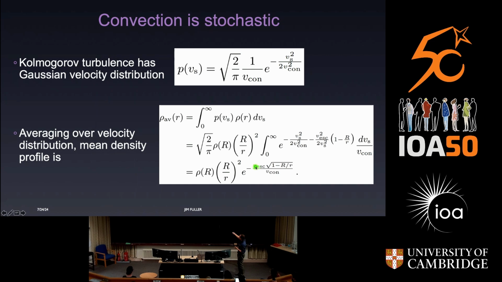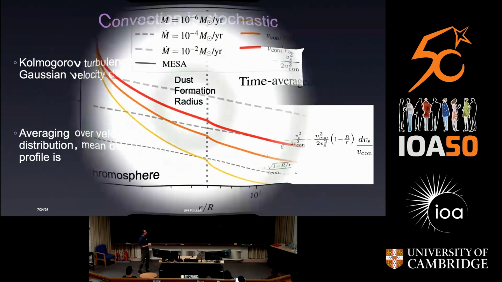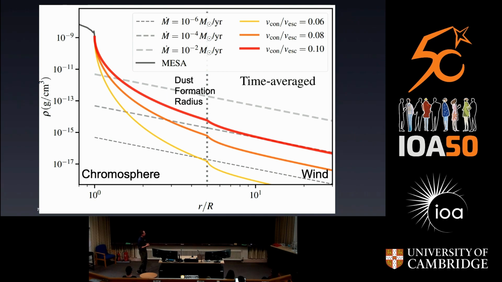And that scales exponentially with the ratio of the star's escape speed to the typical speed of these convective motions. For red supergiants, that's something like a factor of 10, this ratio. So that means the densities in these atmospheres are lower by a factor of e to the minus 10 relative to the surface. That's a small number, but it's still actually substantial relative to what you'd predict from other models, for instance, just for an isothermal atmosphere.